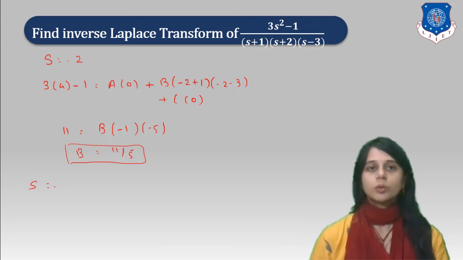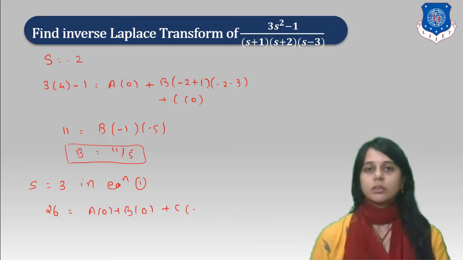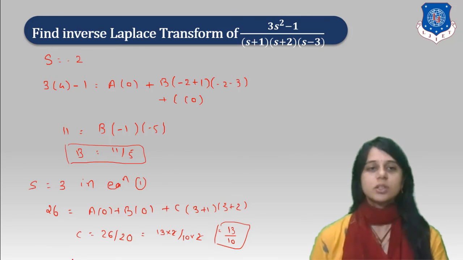Now s equal to plus 3 in equation 1. So it is 9, 3 nines are 27, minus 1 is 26. A is 0, B is 0, value of C: (3 plus 1)(3 plus 2), 4 and 5, 20. So C equals 26 by 20. We say that it is 13 into 2 and 10 into 2, so it is 13 by 10. The value of C is 13 by 10.